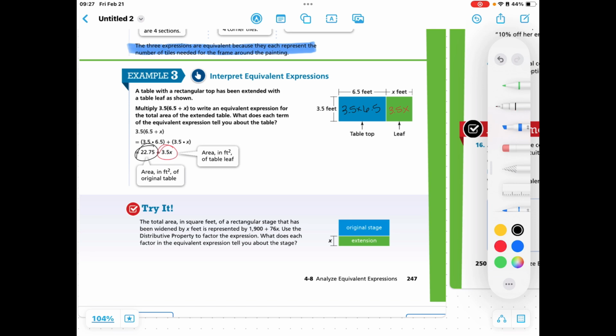Now notice what I've done. I've color-coded because each of these represents the area. Area of a rectangle in general, this will always be length times width, or length times height.